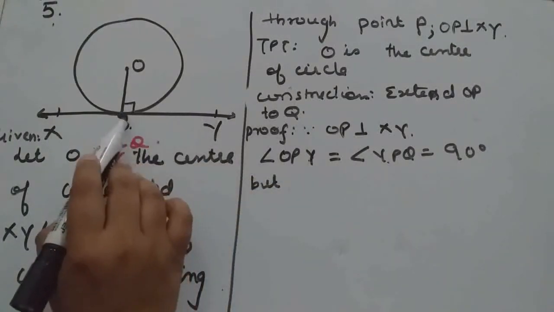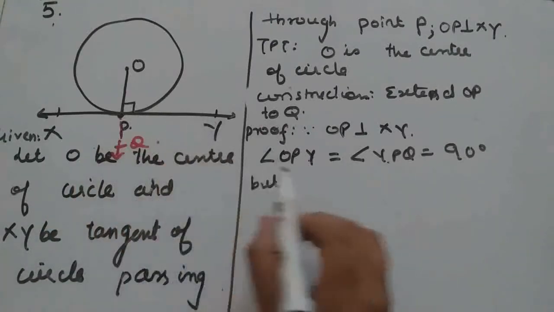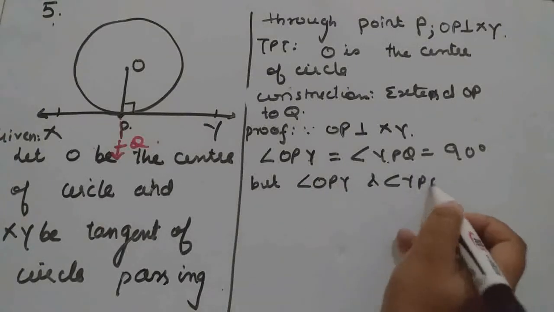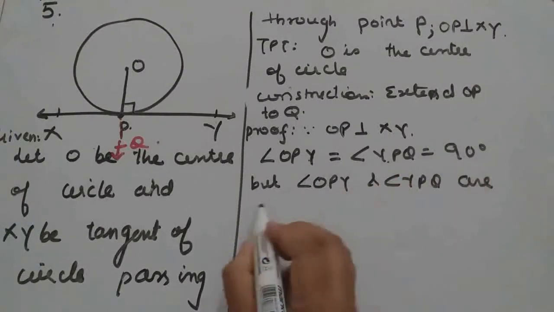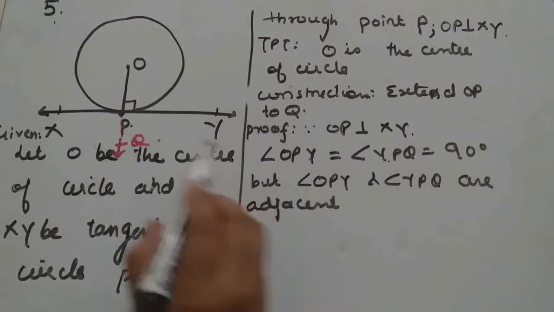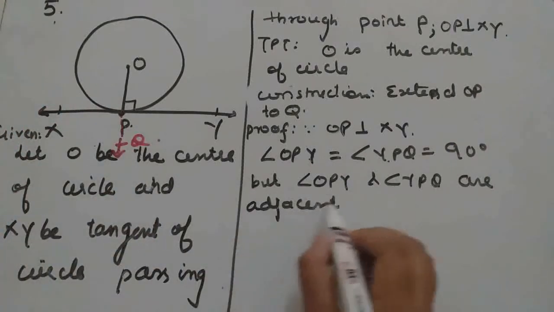Adjacent angles means one ray is common between them. PY is common, so OPY and YPQ are adjacent angles. If two adjacent angles have a summation of 180, that means they are collinear.